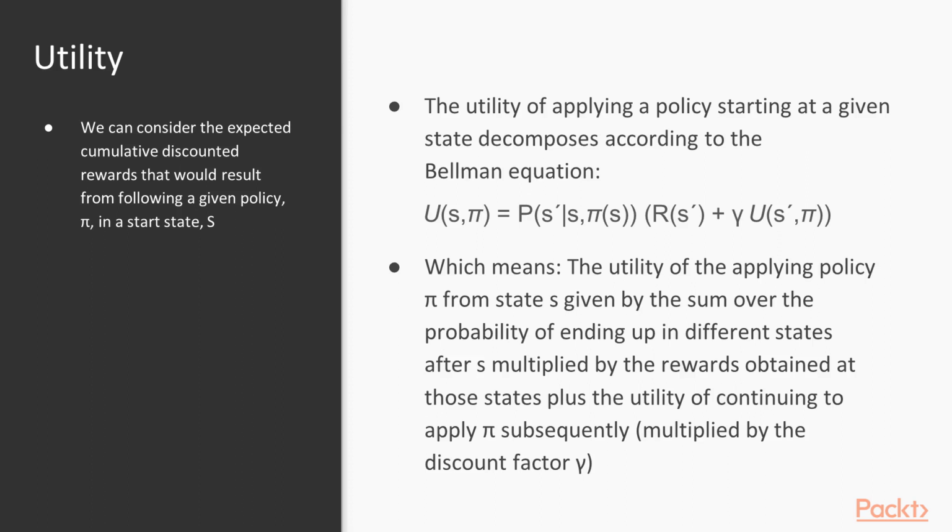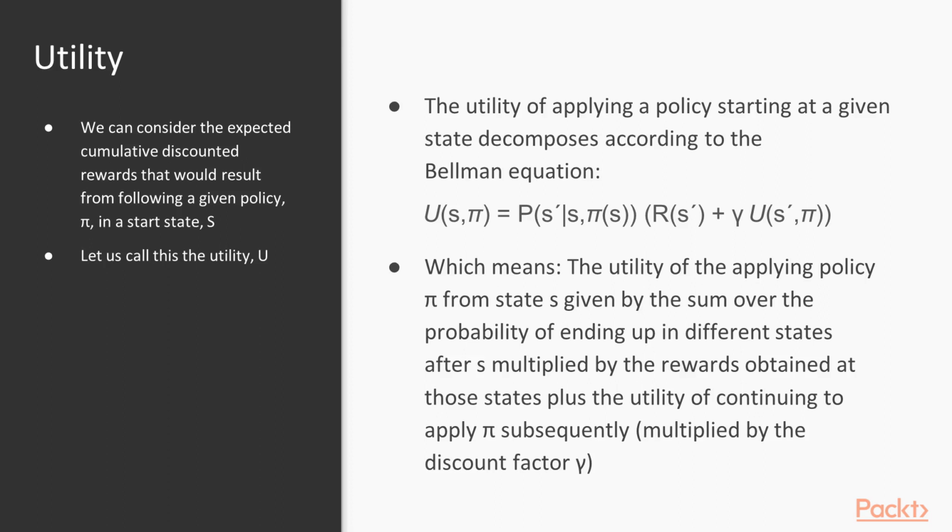Now, the utility, and you can read these slides over in detail if you're interested in getting to grips with the mathematics here. The utility function is going to measure our expected long-term rewards. So not just the rewards of the next state we turn up at, but the long-term rewards, the sum of all the rewards we can expect by following a particular policy from a particular start state.